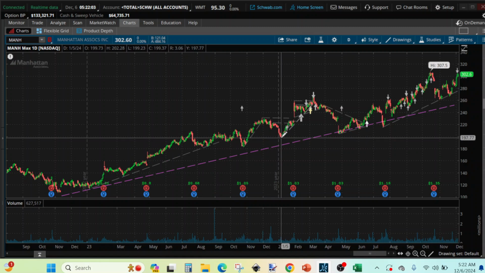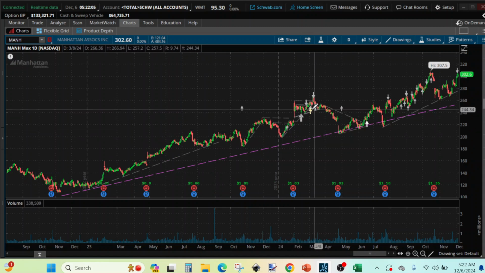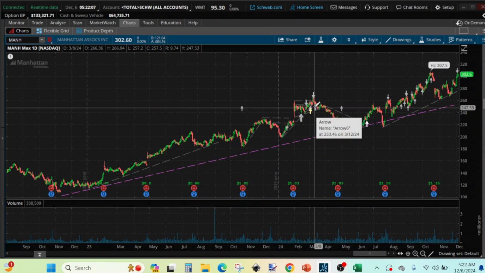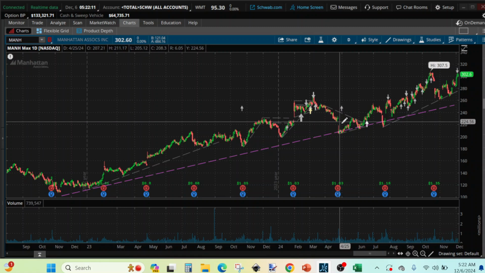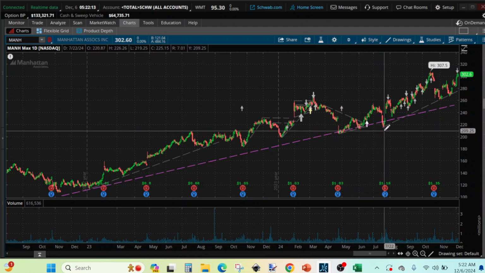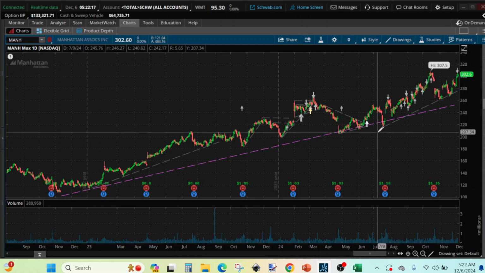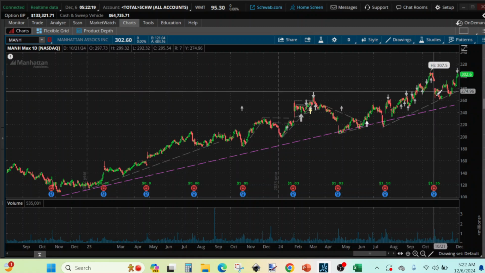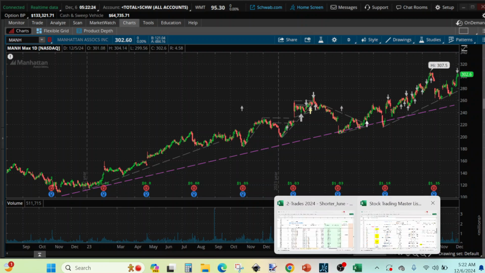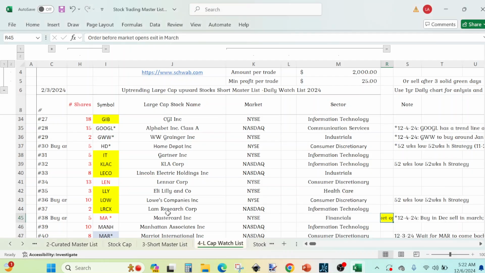January 2024 to March. Then it fell back to it and started here in July going up. But yeah, MAR.